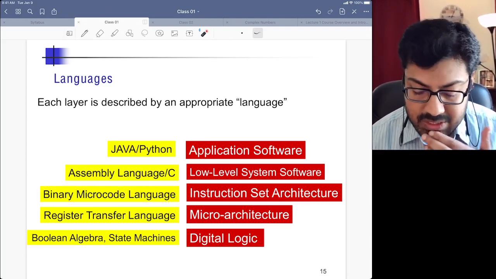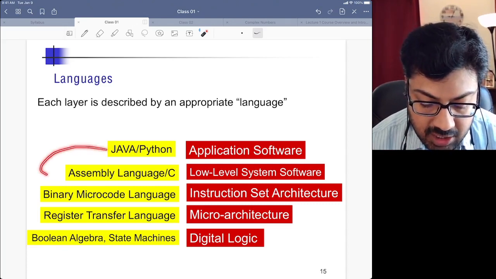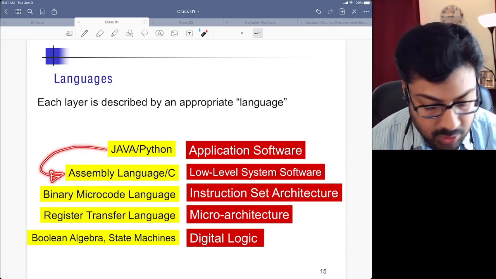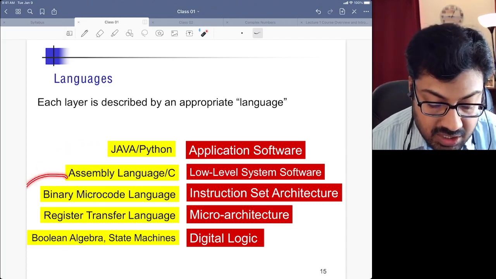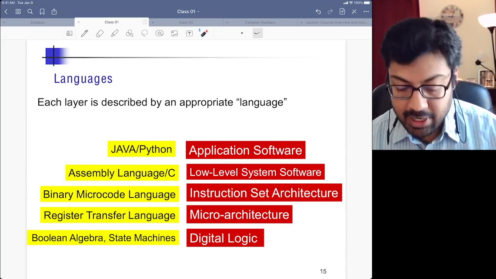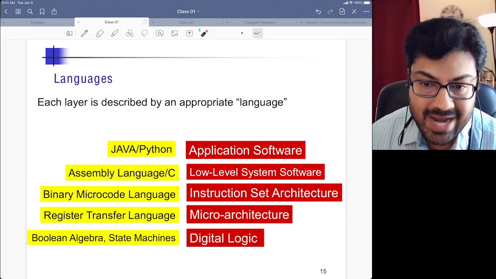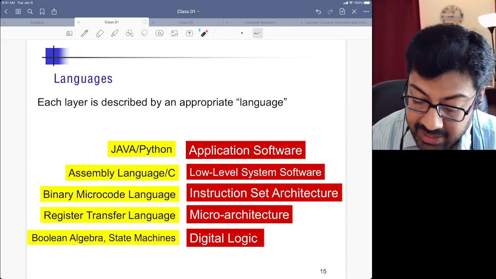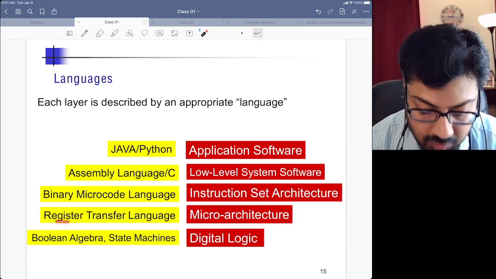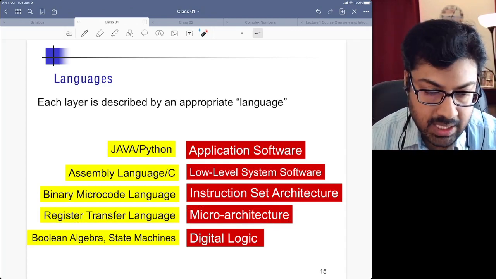Essentially what's going to happen is a compiler is going to take your application software and convert it into assembly. And then later, an assembler is going to take your assembly language and translate that into machine language. And then it becomes a bunch of zeros and ones, which your computer can understand and work on. Underneath that ISA, you have your microarchitecture, which essentially involves RTL, Register Transfer Language.